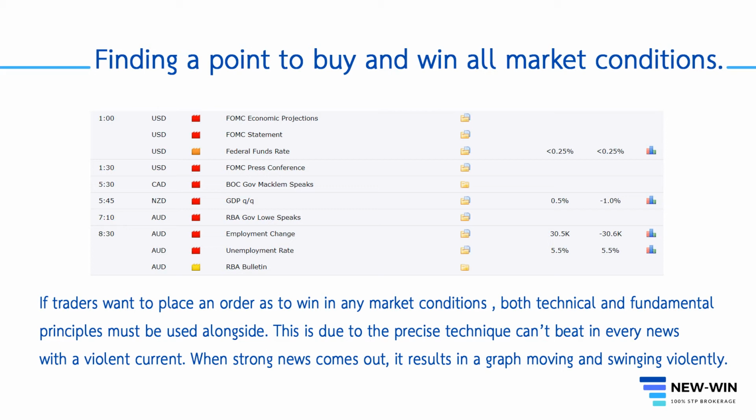This is due to the precise techniques can't beat every news with a violent current. When strong news comes out, it results in a graph moving and swinging violently. The most popular website used by traders to follow news is Forex Factory, but not all news affect the market. Therefore, we must sort out what kind of news affect the market.